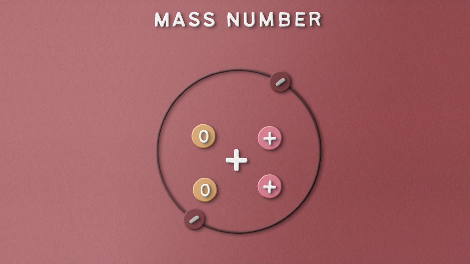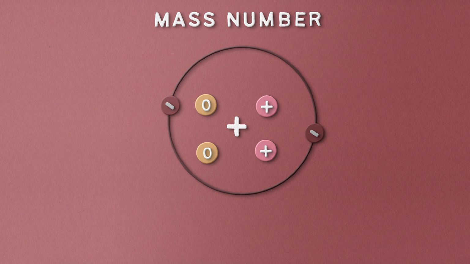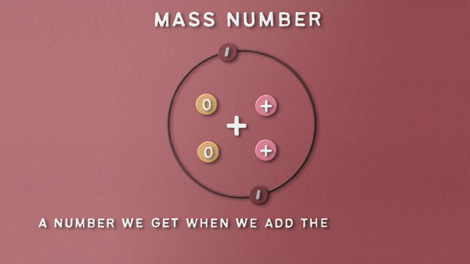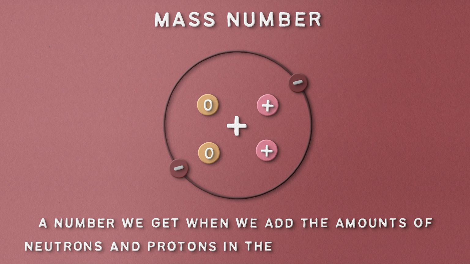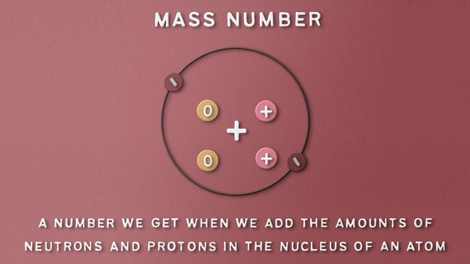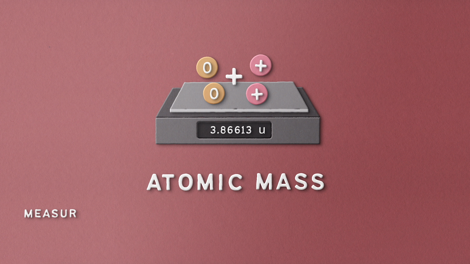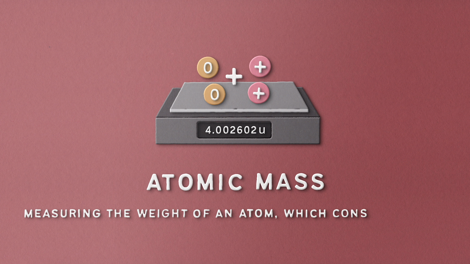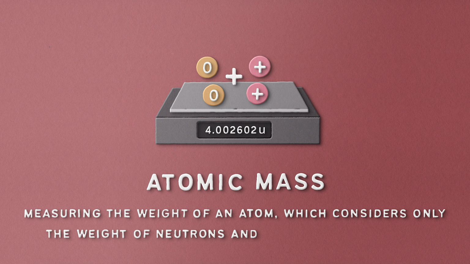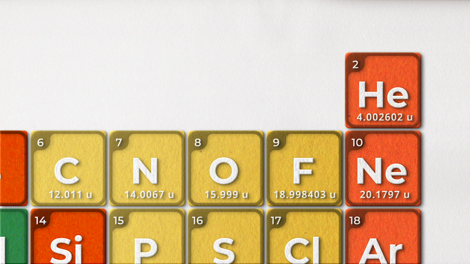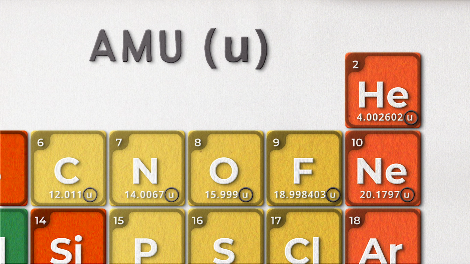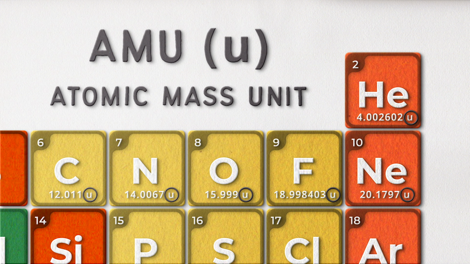However, remember that mass number is, like the name says, a number we get when we add the amounts of neutrons and protons in the nucleus of an atom, while the atomic mass measures the weight of an atom, which considers only the weight of neutrons and protons in a nucleus. The trick to differentiate them is to remember that you will usually see atomic mass represented as a decimal number, followed by a unit of measurement called AMU, which means atomic mass unit.